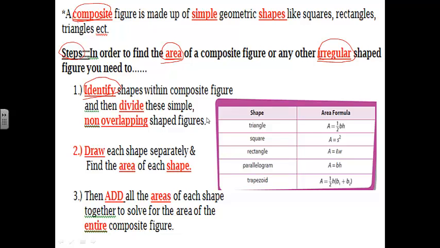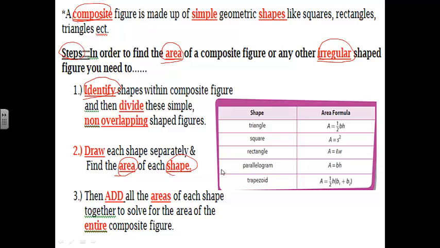So what we would do is identify the shapes first and then divide these into simple non-overlapping shape figures. Okay, so we need to draw each shape separately and identify what shapes we're working with from our formula chart.